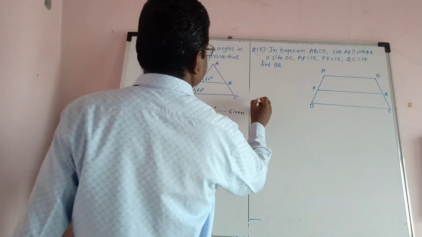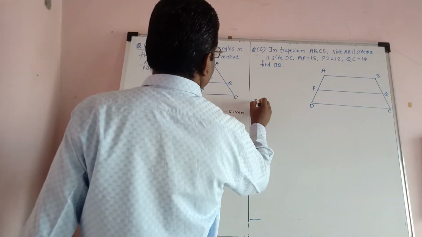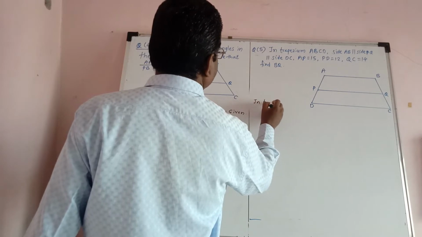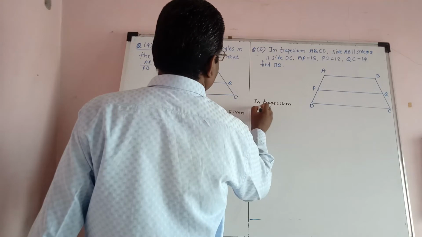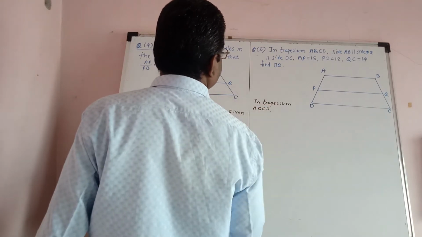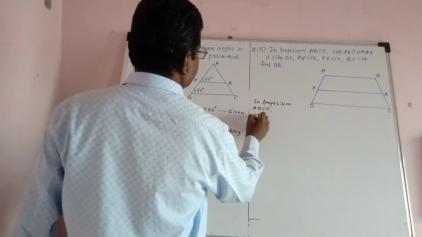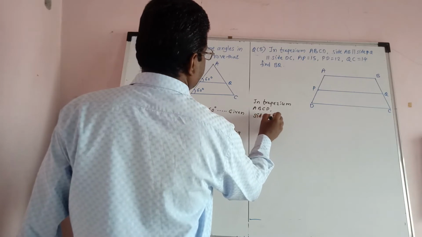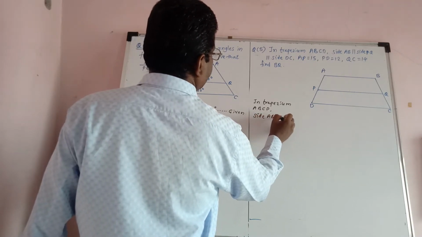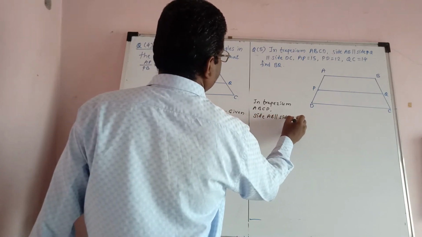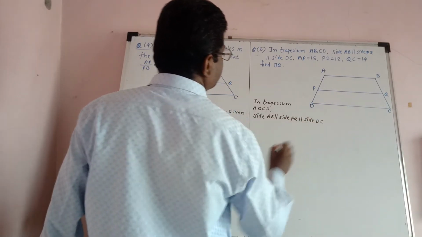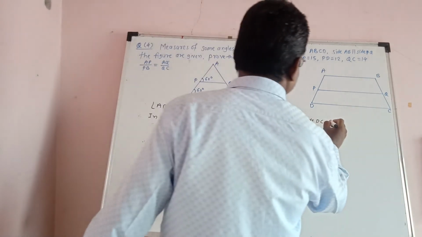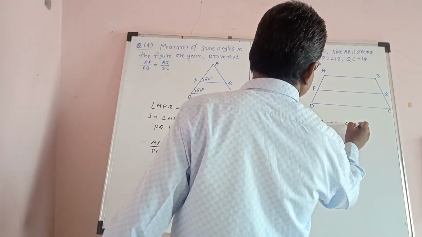Now we write in trapezium ABCD, side AB parallel side PQ parallel side DC. It is given.